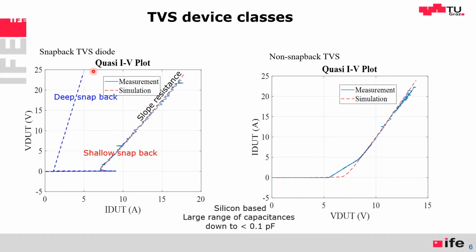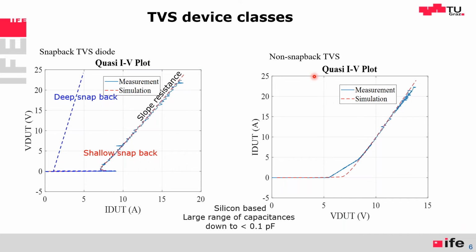But the energy is, of course, the integral of the power, and power is V times I. So if we can reduce V, the voltage across the TVS, then much less power is dissipated inside the TVS. So we can make it smaller for the same capacitance, and we protect the IC much better. So many of these devices are deep snapback devices.